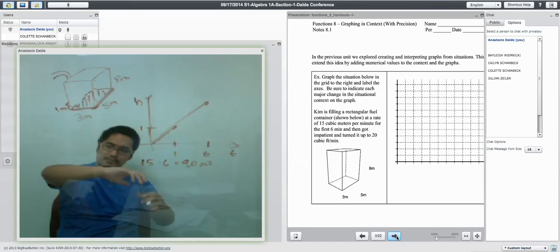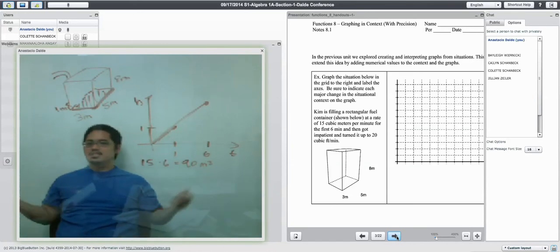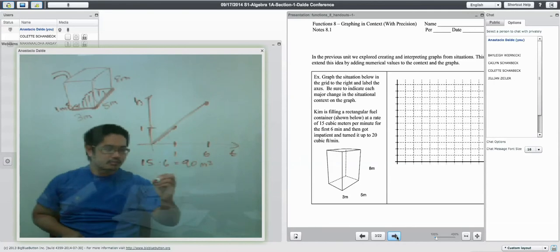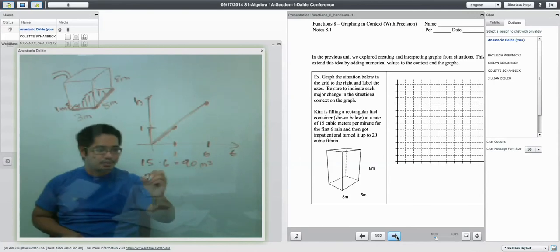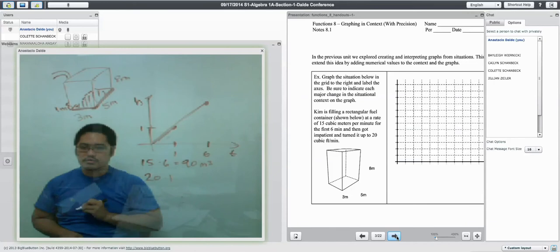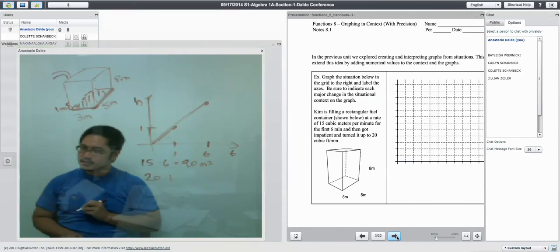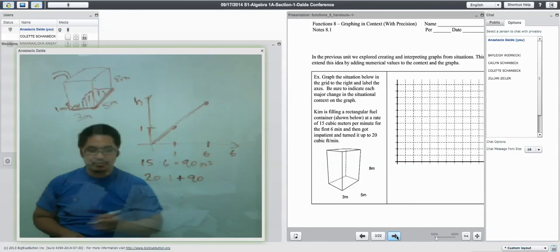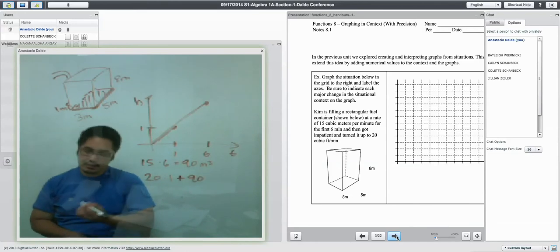They went from 15 and they were like, dude, this thing takes so long. So they're going to crank it up to be 20. So it would be 20 times 1 extra minute, right? At 7 minutes, it's 20 times 1 because it's been at 20 for 1 minute. Plus, you got to add in the 90 cubic meters that is already in there. Does that make sense to you now?